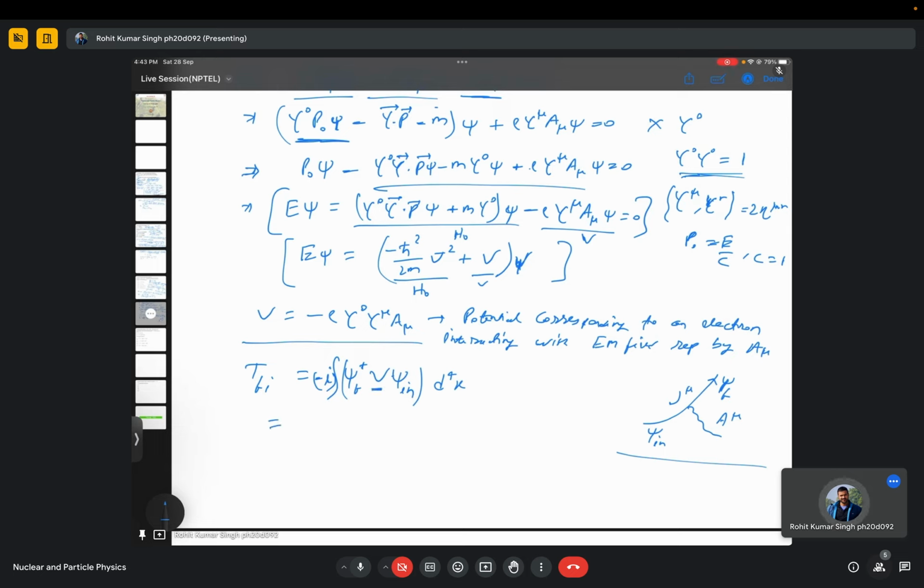Now we know the potential which is responsible for this interaction, so let's insert that. Minus minus is now plus e psi bar gamma mu psi A mu d4x.